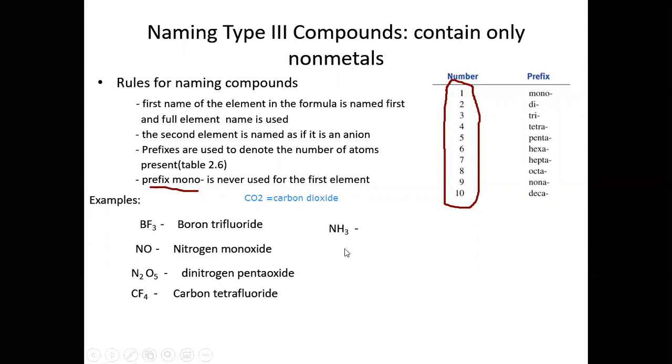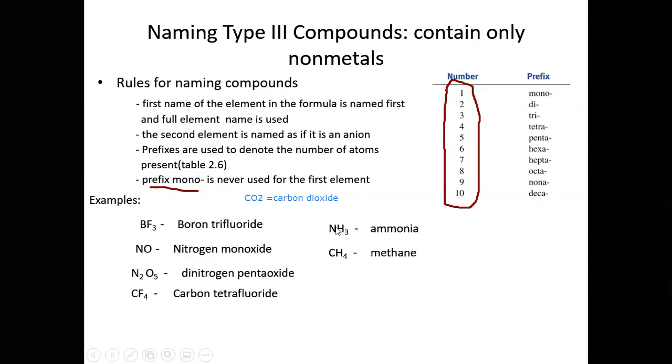Now, the ones that have hydrogen in them, they have special naming associated with it. So one exception to this systematic naming is NH3. Since you see a hydrogen there, this tells you it's going to use an alternate naming. It's not going to use its systematic naming. So NH3 is referred to as ammonia. CH4, which is a hydrocarbon, which we'll talk more about in just a moment. This is the hydrocarbon with one carbon and 4 single bonds. This is methane.